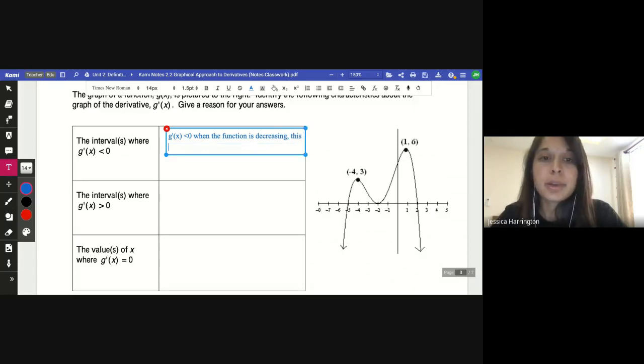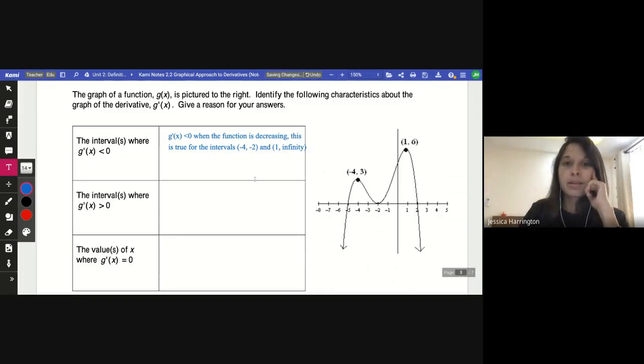This is true for the intervals -4 to -2, right? From -4 to -2. And then where else is it decreasing? After 1. So from 1 to infinity, it's also going down. I'm just going to write infinity like this because I can't type that symbol in.